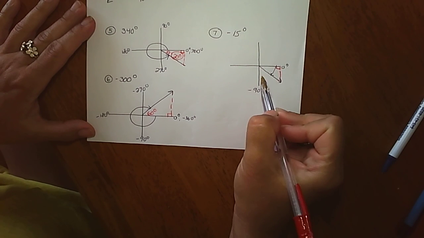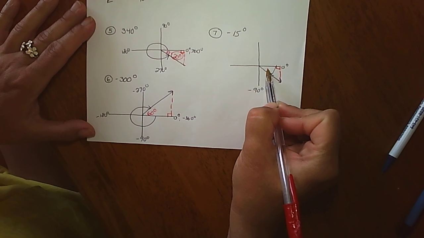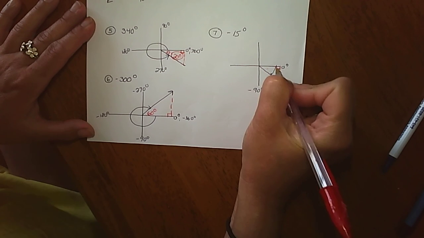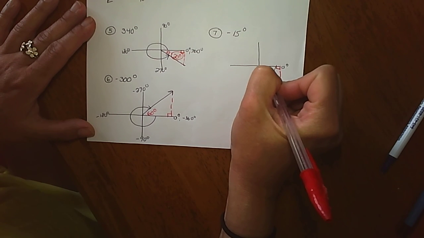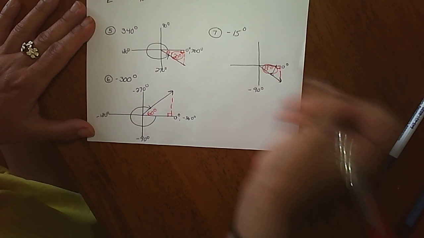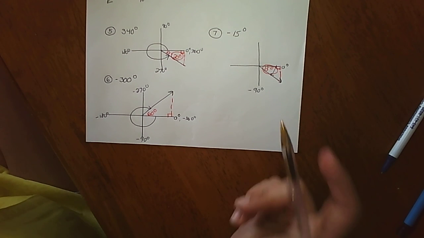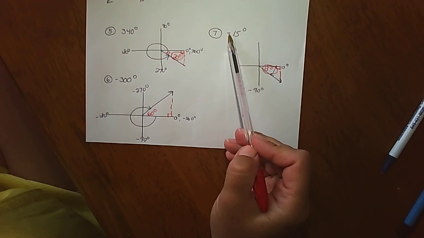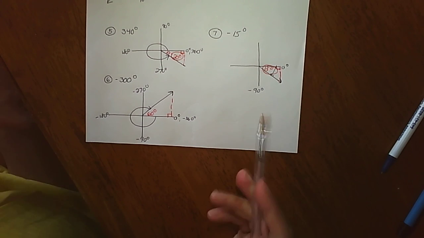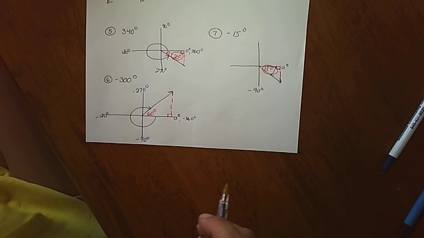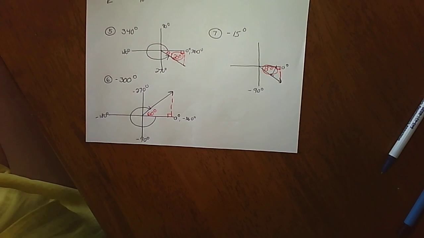So I need to know, how big is this little wedge, this reference angle? Well, I went down 15 degrees. So the reference angle is just positive 15. Even though it's negative 15, that means I went down. Reference angles are always positive because I just need to know how big it is.